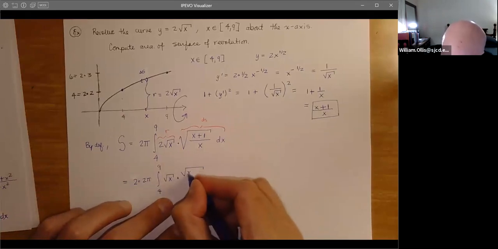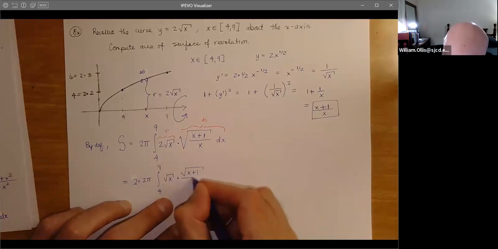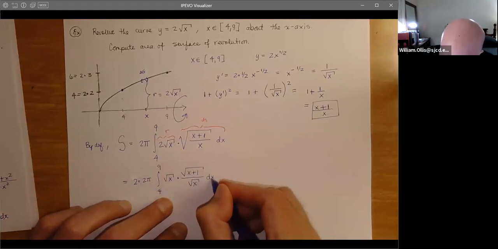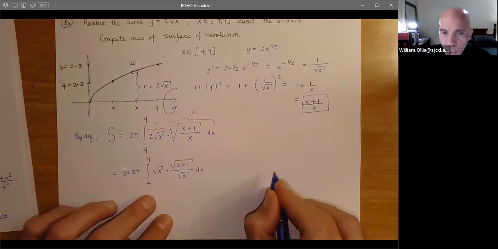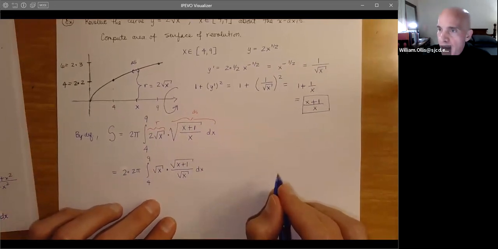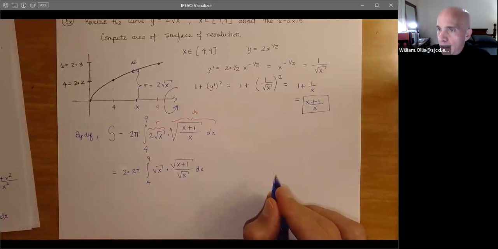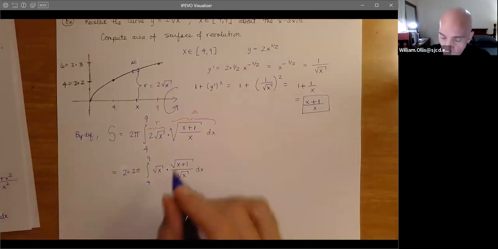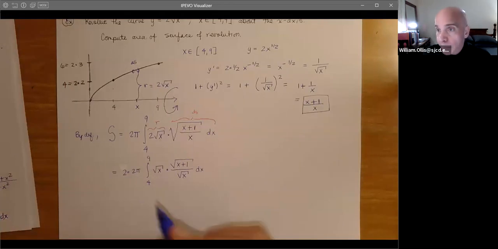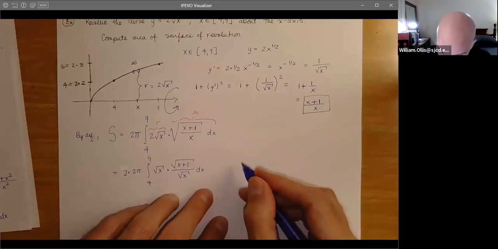So we get the square root of x plus 1 divided by the square root of x. We do so much college algebra and trig in this class that it's like we're in pre-cal again. And it truly is. We spend more time with the algebra and trig than we do the actual calculus, but that's kind of the nature of what we're doing.